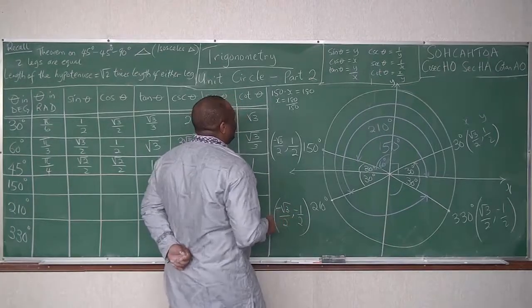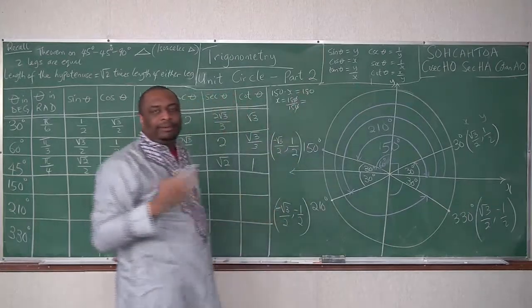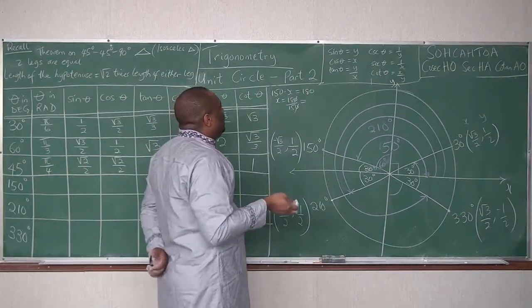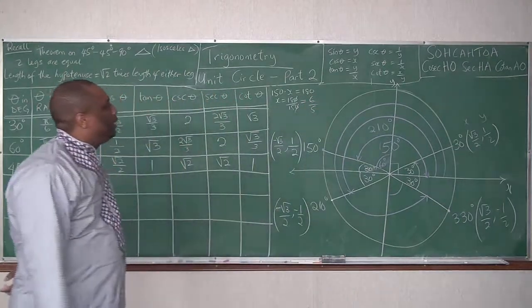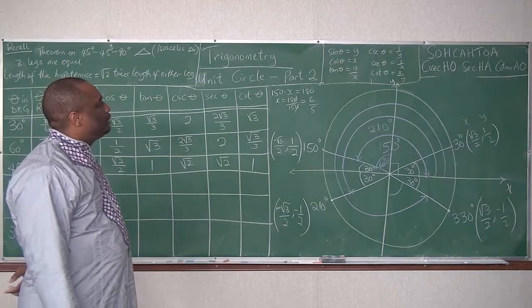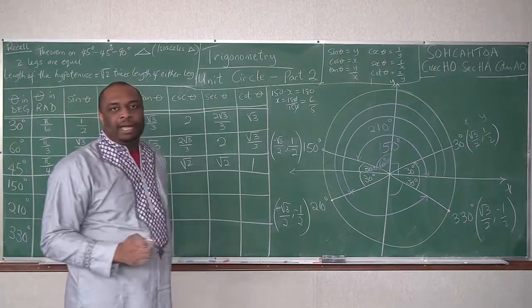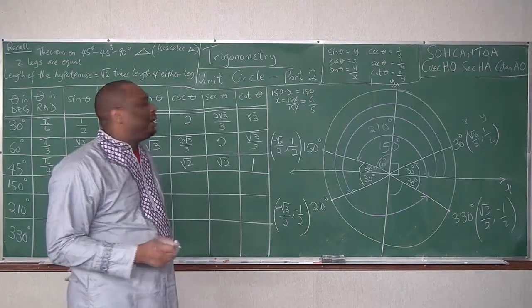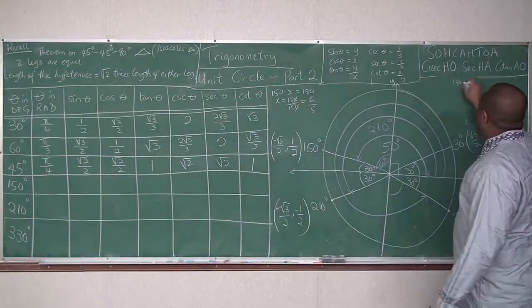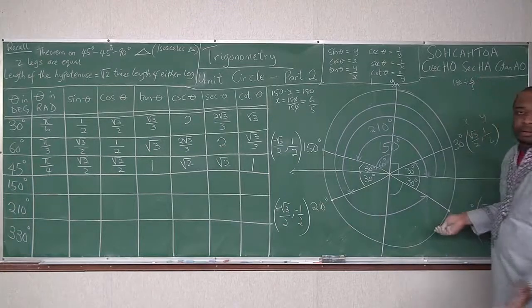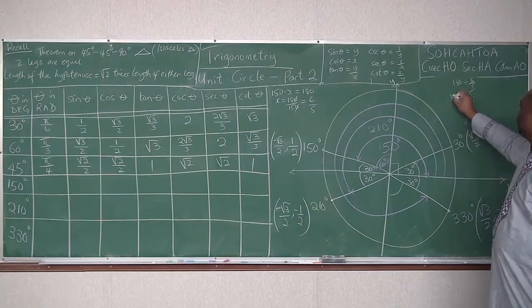Simplifying, 3 into 180 is 6 and 3 into 150 is 5, so x is 6 over 5. So 180 divided by 6 over 5 is 180 times 5 over 6, and that is 150.